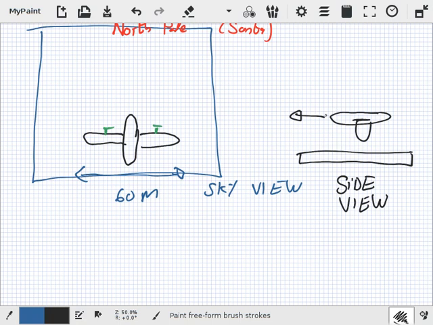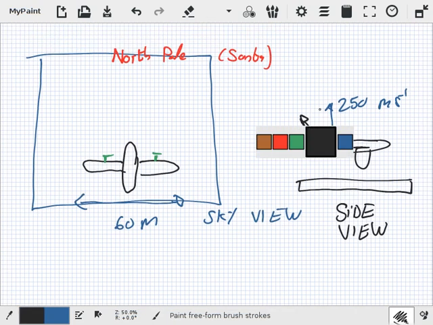What I mean is, this here is 250 meters per second. It's gaining height of 250 meters per second. Not that it's flying forward at 250, but every second its altitude increases by 250 meters. Its height.